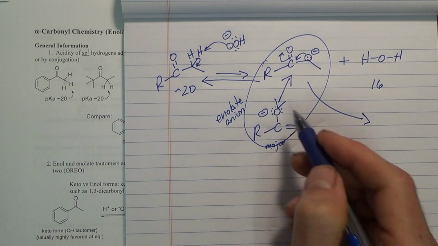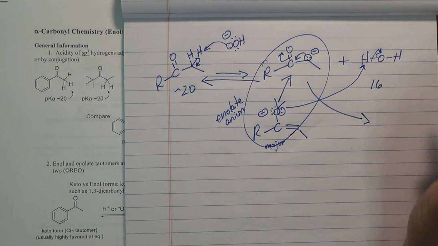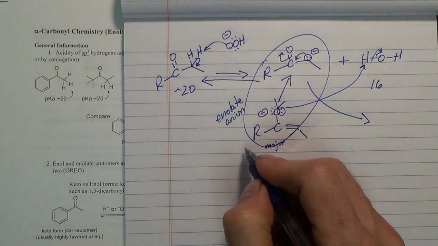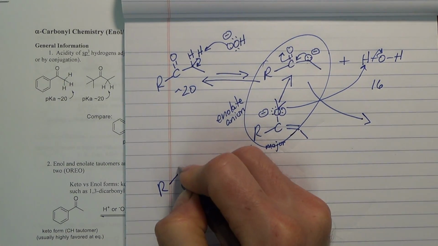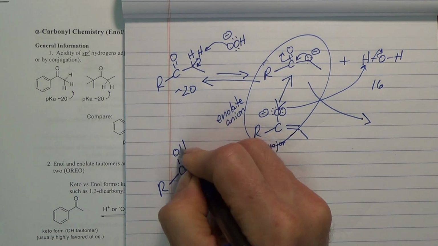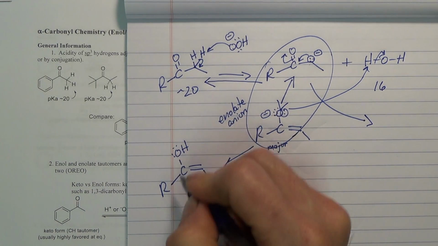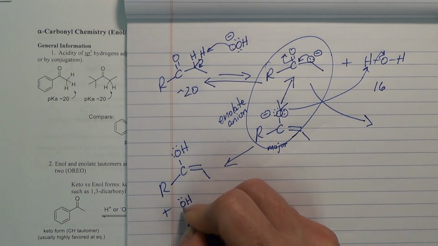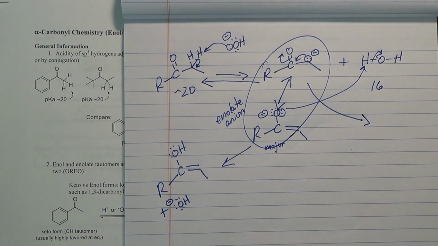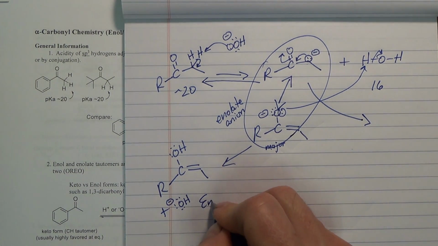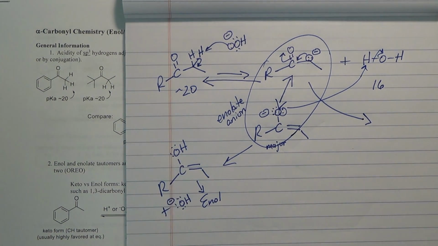But if we protonated the oxygen, and go back to a neutral compound, that would be this here, reform hydroxide. Here we see our enol, classical enol.